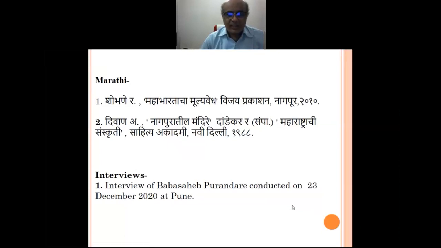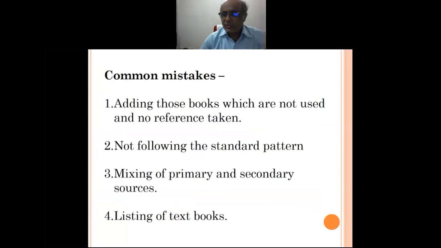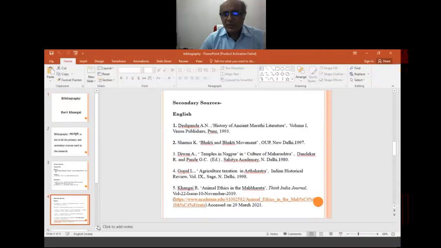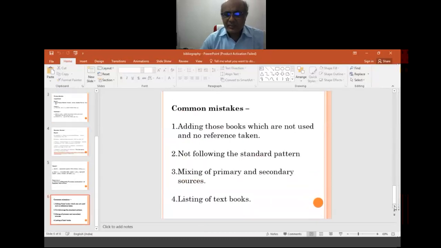All right. So common mistakes we make in bibliography are that you mention those books in the bibliography which you have not used. You don't follow a similar pattern. Primary and secondary sources get mixed up, and textbooks are not to be used in giving the bibliography.